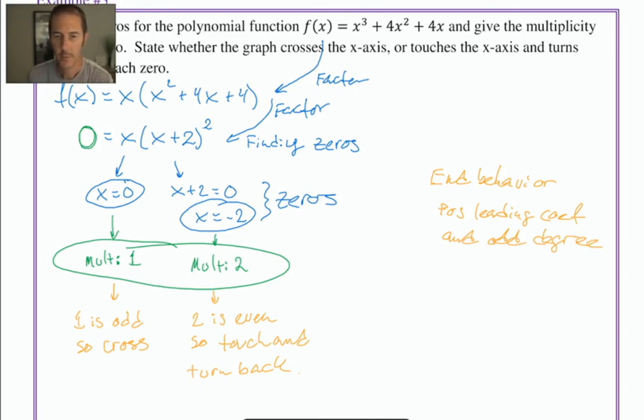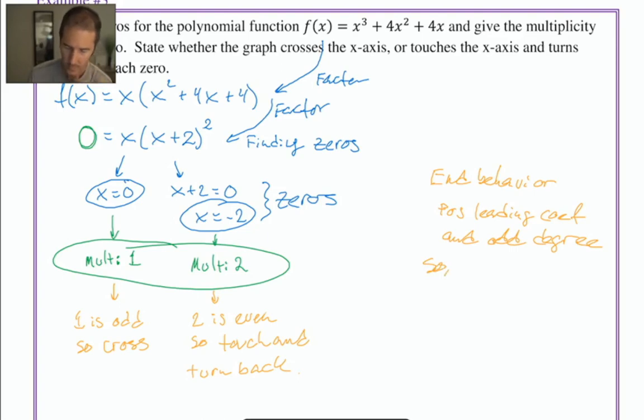Positive leading coefficient, odd degree. That should look just like y equals x, or y equals 2x. And y equals 2x rises to the right and falls to the left. So that's what this thing should do.